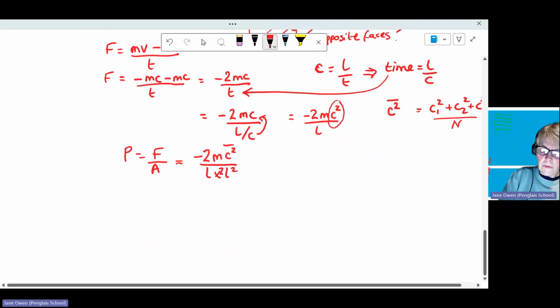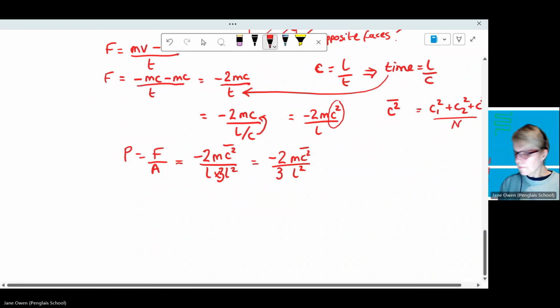But we know L times L squared is equal to volume. So minus 2mc squared bar, i.e. mean square speed, over 3L squared.